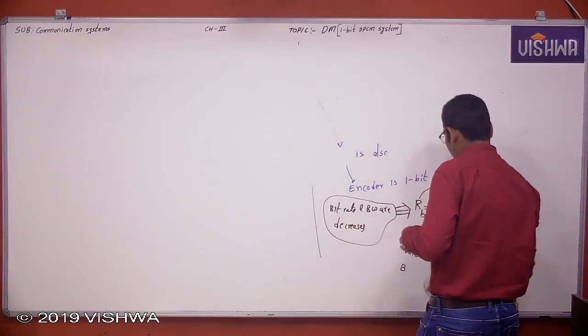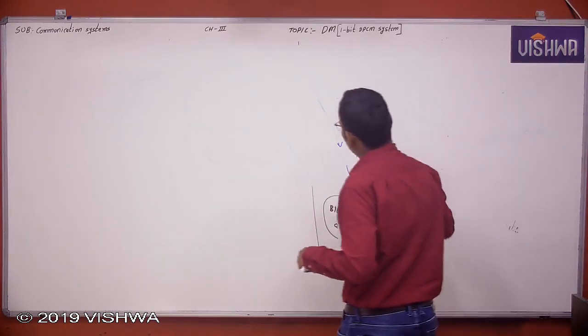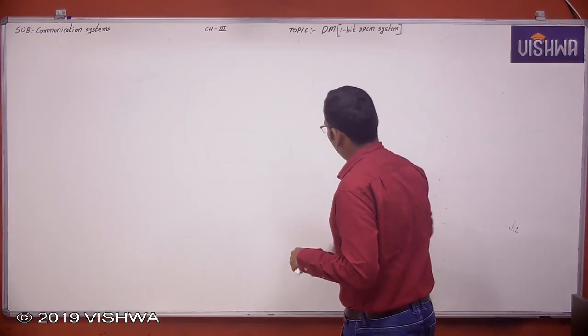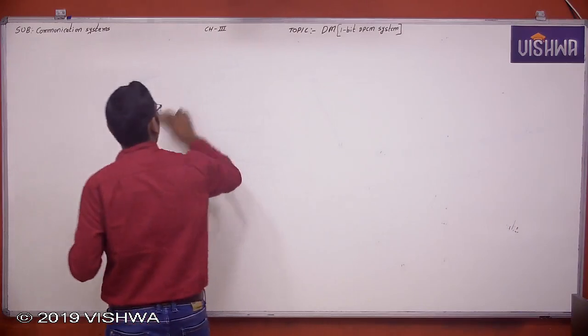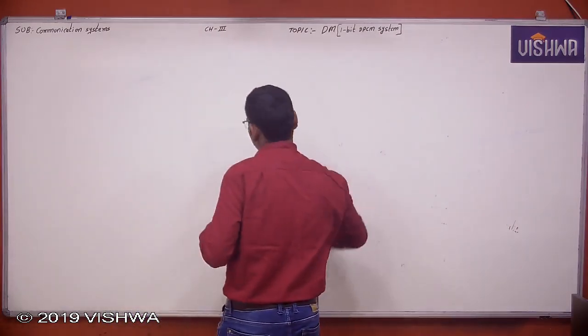Now first we will see the transmitter and receiver portion. Delta modulation transmitter and receiver are the same. This is nothing but a DPCM system only, right?